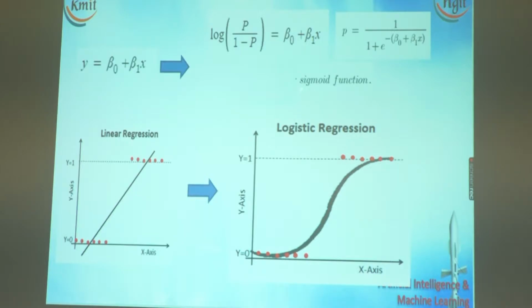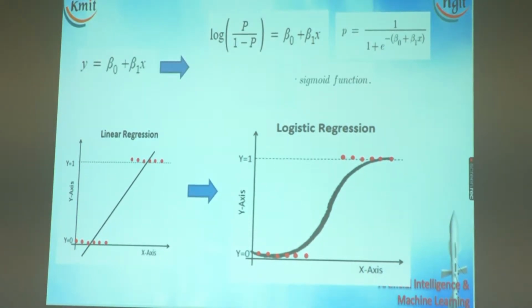How does it look? 1 divided by 1 plus e power minus y, or 1 by 1 plus e power y. This is called the activation function.